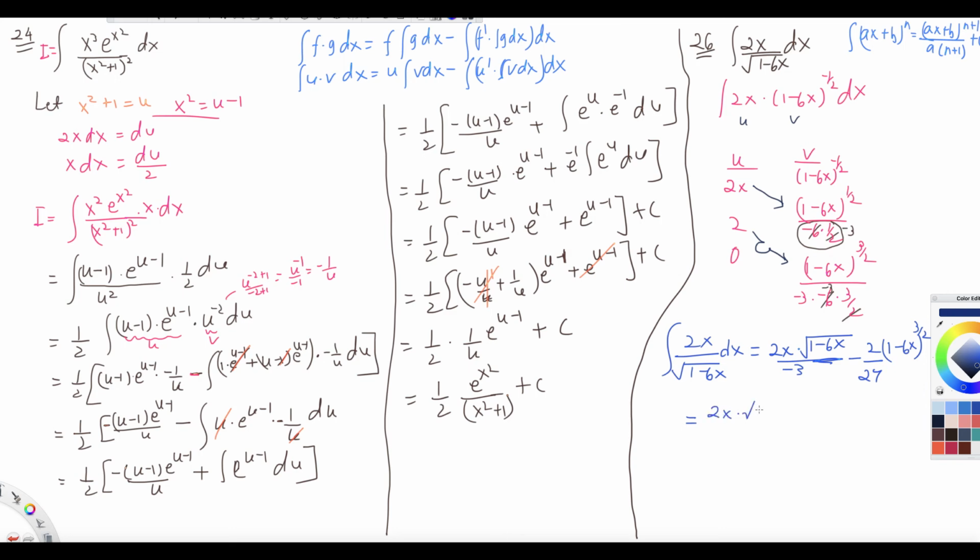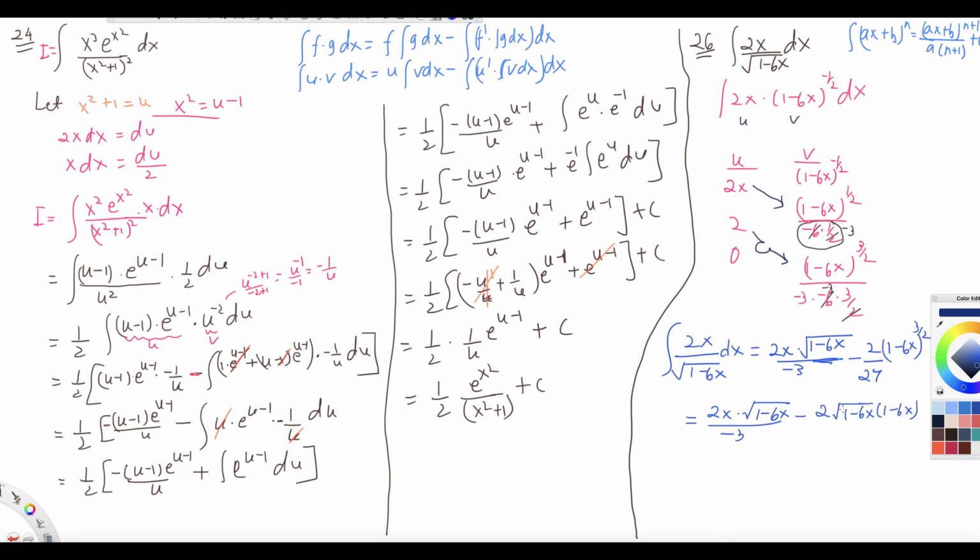2x times the root of 1 minus 6x divided by negative 3 minus 2. You can write like 1 minus, the exponent 3/2 is 1 plus 1/2, right? You can write like the root of 1 minus 6x times 1 minus 6x. You see that?